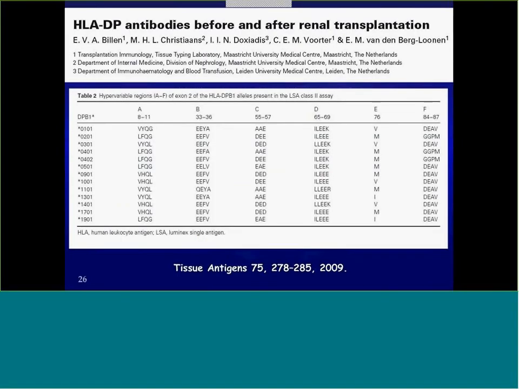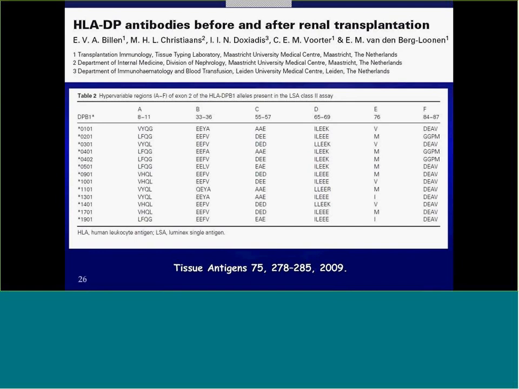And that's shown on this next slide out of a paper that was published in 2009 out of the Netherlands. And here we can just look at a variety of different HLA-DP beta-1 alleles, and across these 6 different hypervariable regions, you see the sequences that are present at each of those different regions. So for example, on the extreme right side, that hypervariable region is the DP equivalent of an HLA B4 or B6.